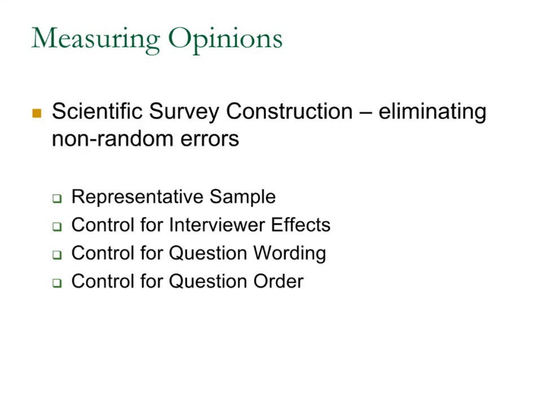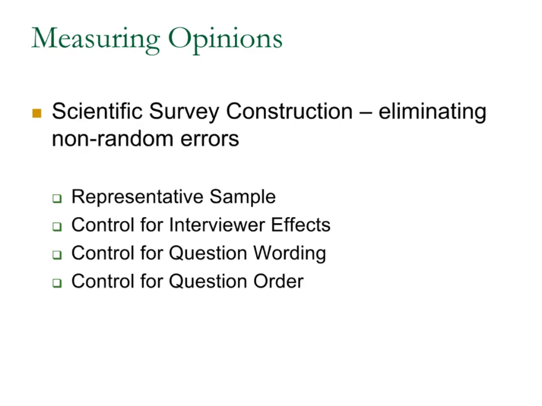Similarly, if a survey instrument is not designed correctly, the questions may elicit a certain response, and that bias introduces a non-random error. It's an error that's in a consistent direction.